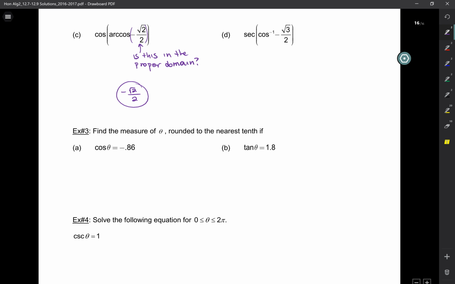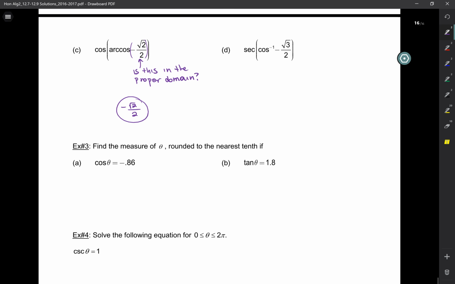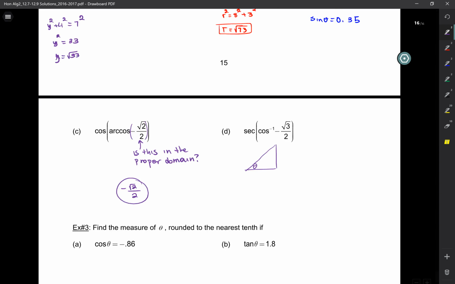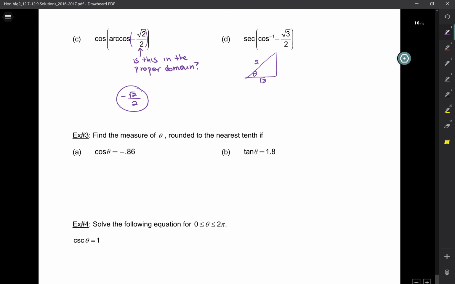Okay, this one. Let me sketch this so you see what's happening. It's secant and cosine. So look, if the cosine is root 3 over 2, I have an angle and the cosine of it is this.